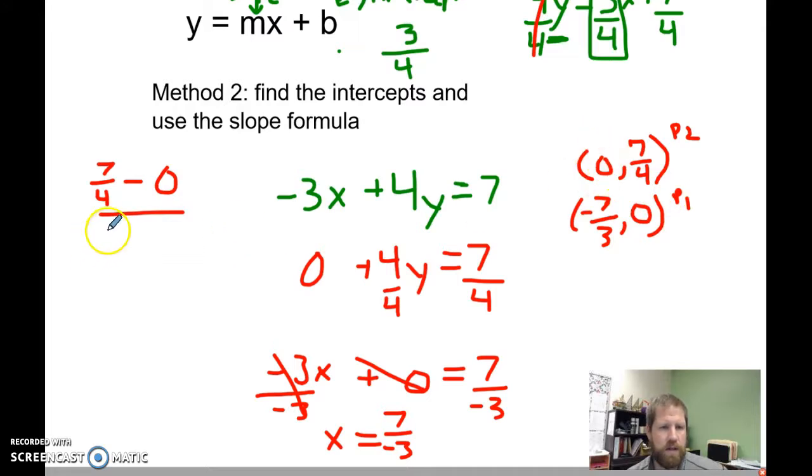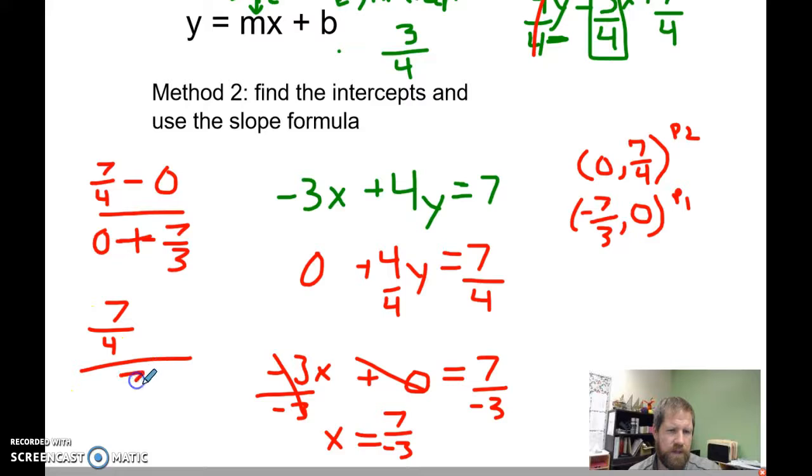My x2 is 0 minus a negative 7/3. That minus a negative just turns into a positive. So I have 7/4 divided by 7/3.